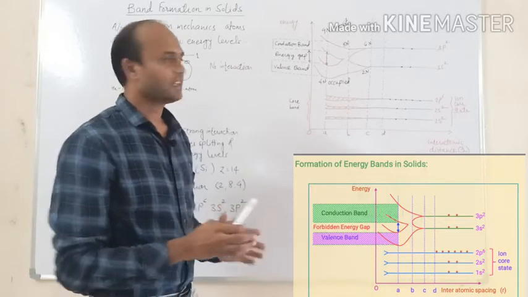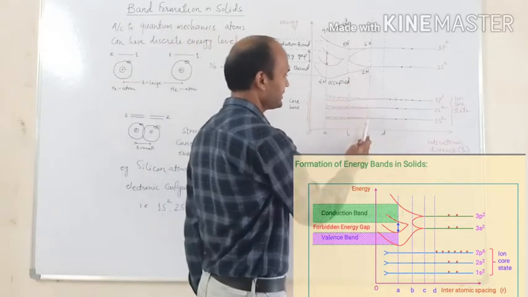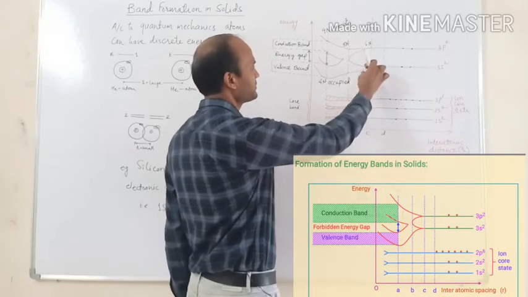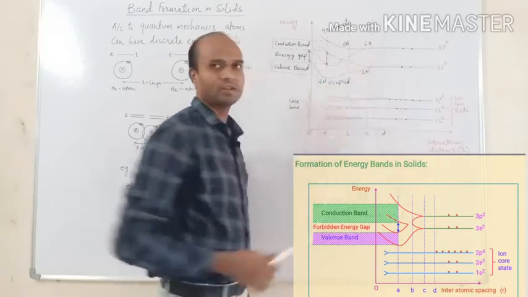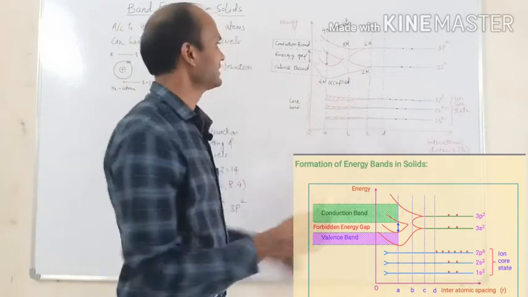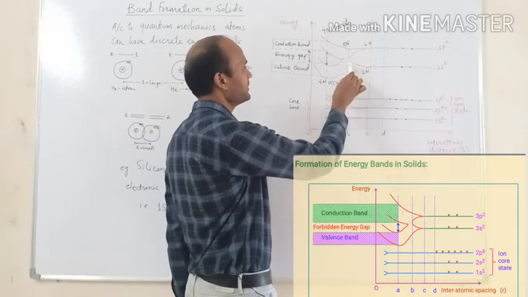Because of the interaction, splitting starts. You can see from point C to B, as the distance decreases, splitting of the energy levels goes on increasing. So energy levels will be split.